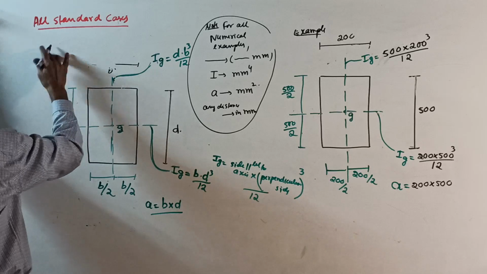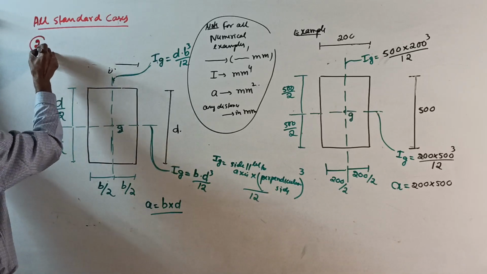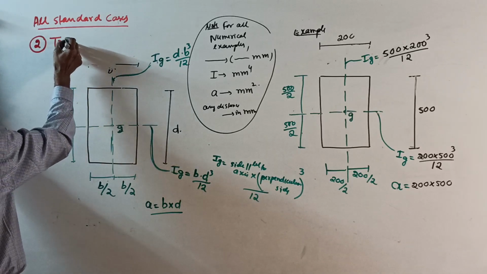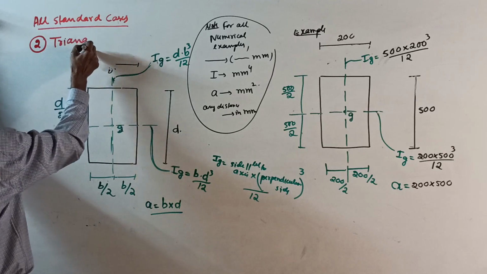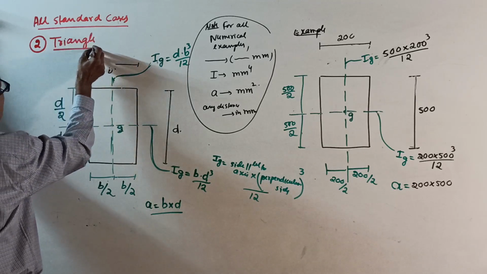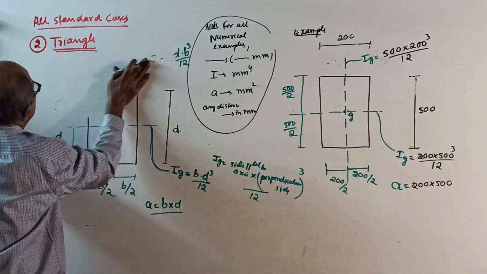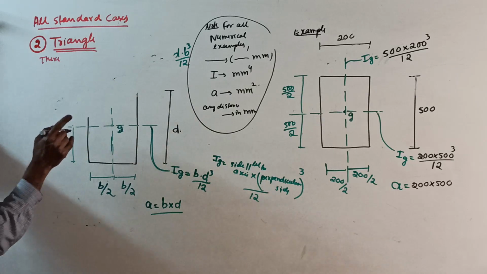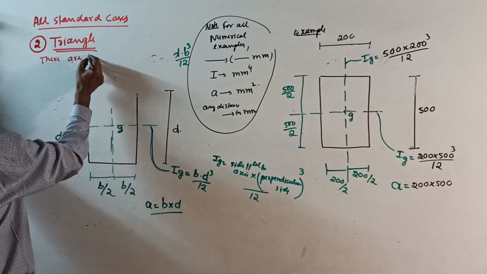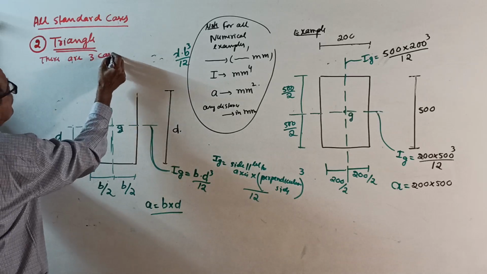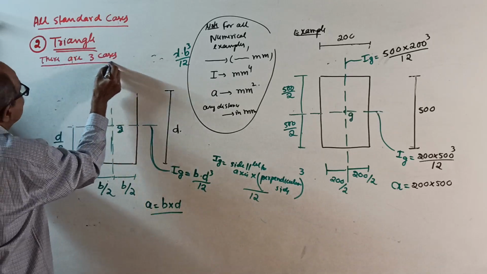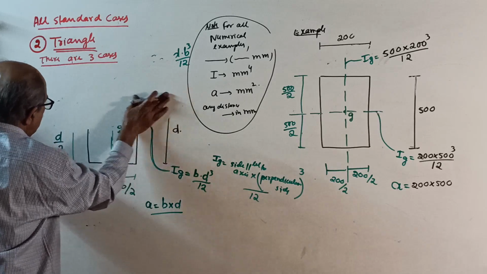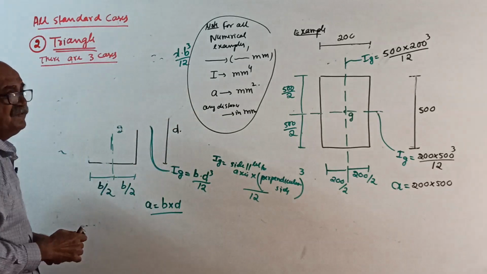Now second one is very important. Triangle. Very, very careful. Triangle. There are three cases. Red color I am using for importance. What I will do is, I will discuss one by one case in order.